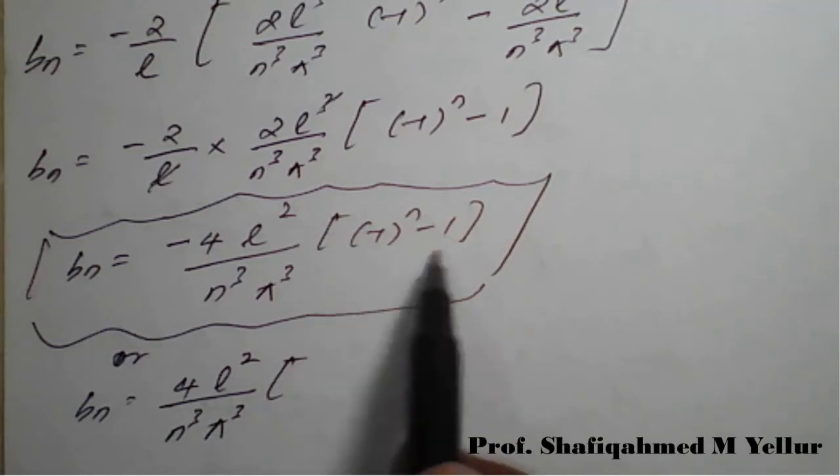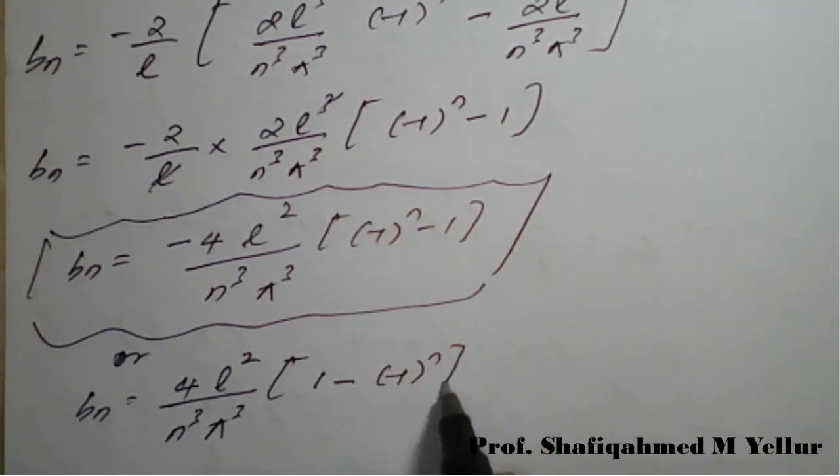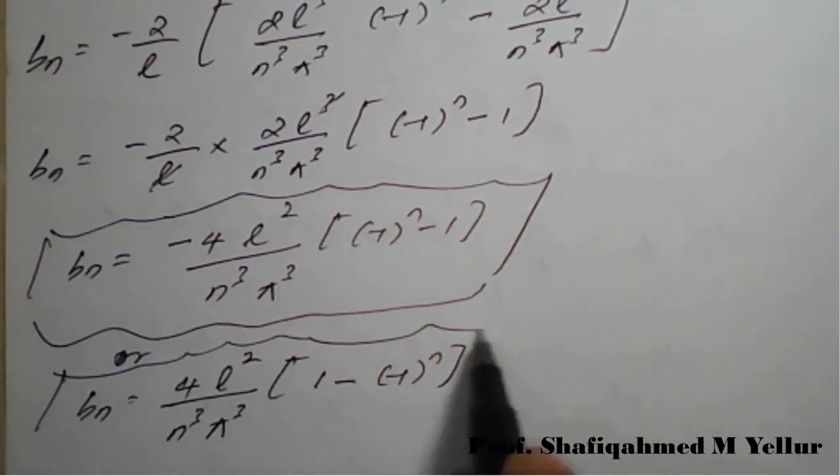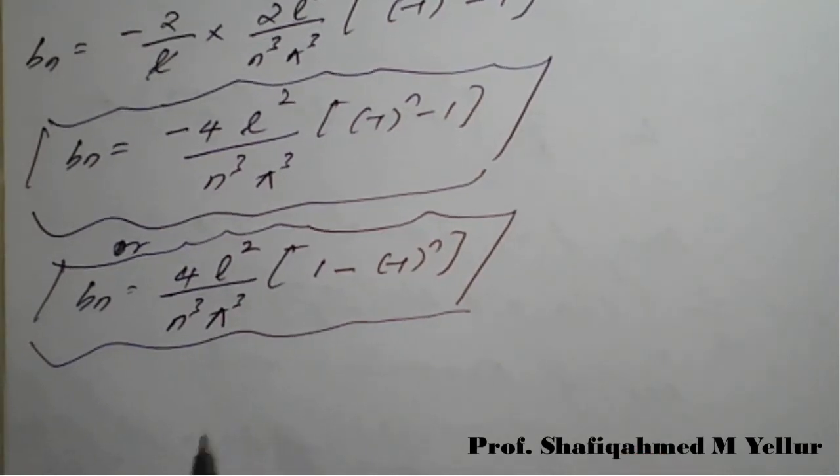So if you apply this minus sign to this bracket, it will become 1 minus of minus 1 raised to n. So either of the results we can use for the equation number 1, that is our Fourier series.